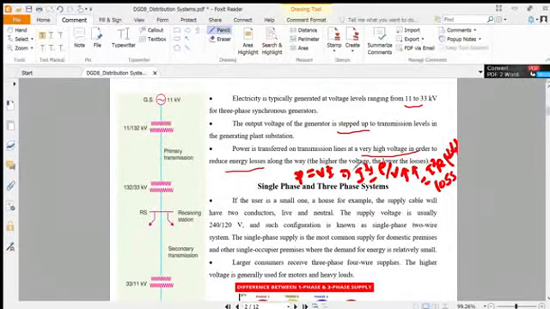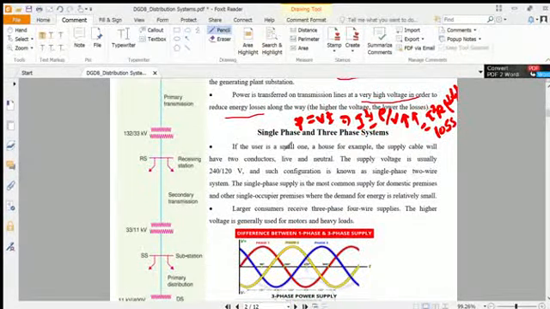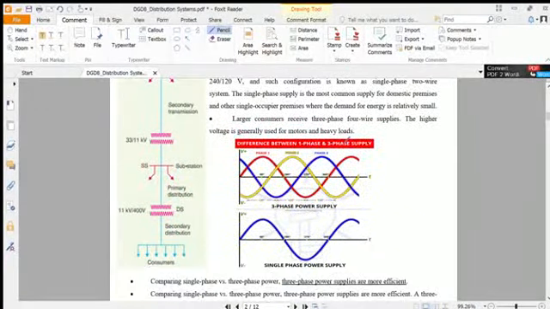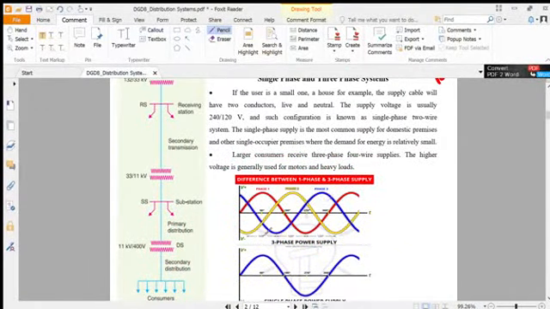So now we'll see the difference between single phase and three phase system. Here we see that this is phase 1 starting from 0 phase shift. Then the second one, because we know the phase difference theta equals 360 divided by n, where n equals 3 phases, the difference between each phase is 120.